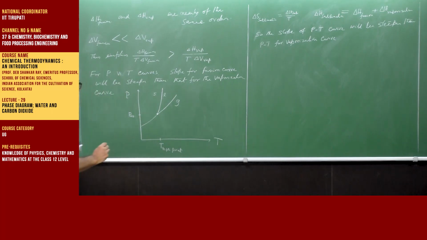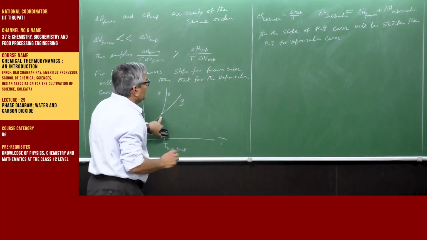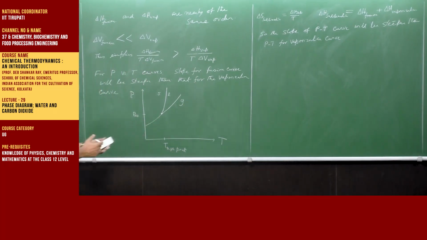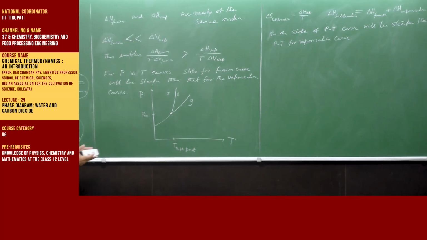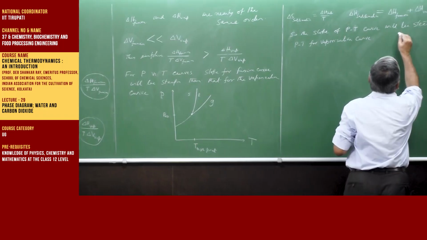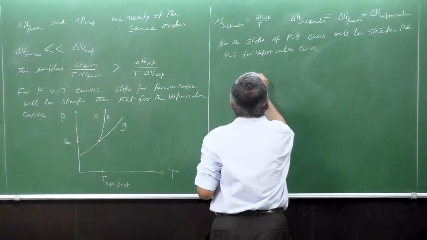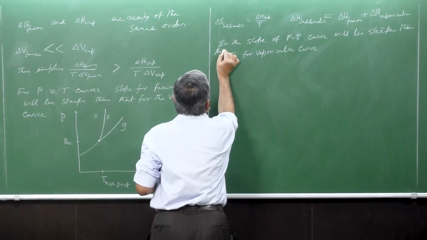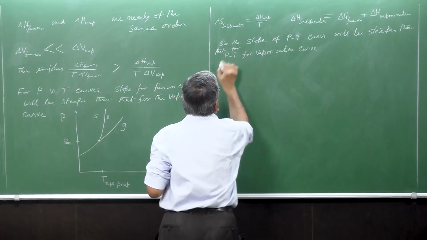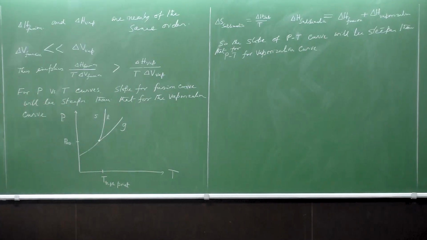So, this is a unique point, as you see that it is characteristic of the system itself. So, the slope for the P versus T curve will be steeper than that for the PT curve for the vaporization curve.